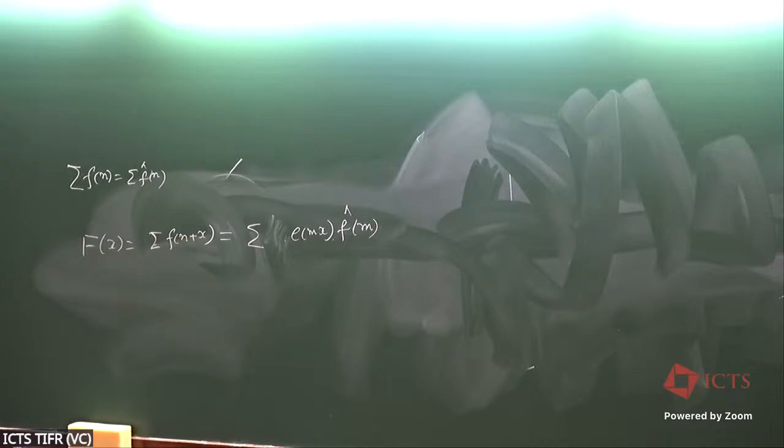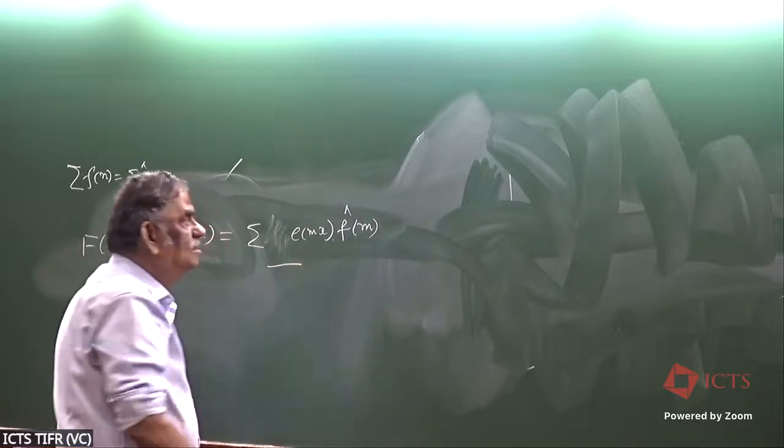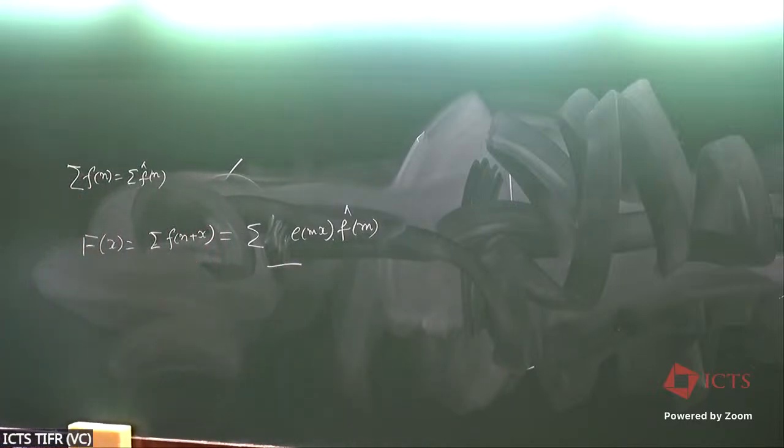Given this f, you define your capital F to be the summation of f(l + x), then prove that it is periodic, so you can write it with Fourier coefficients. You compute the Fourier coefficients and get f hat m, and then E of mx. That's exactly the form in which I am going to use the Poisson summation.